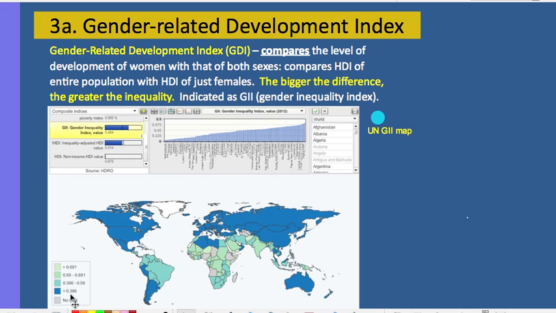And so you see the areas that tend to have a lot of inequality between genders would be these areas here, and Latin America, and then Africa, Middle East, South Asia, and down into Southeast Asia.